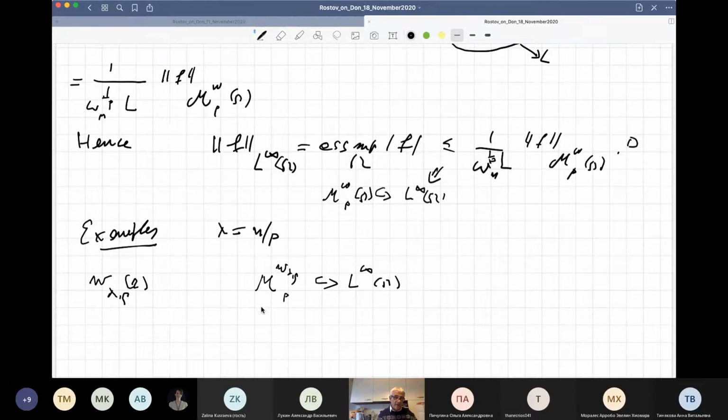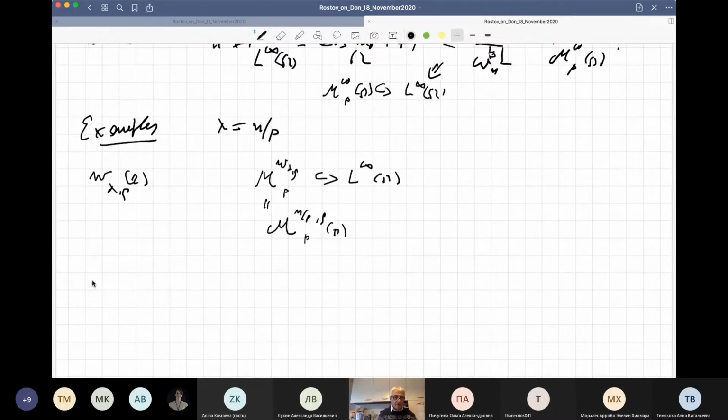But you remember that this space here was precisely the M n over p comma rho p omega. So we chose the weight so that this equality holds. So you have this first example. And then you have also the case in which you take w equal to r to the minus n over p. And you have that the Morrey r to the minus n over p, p omega, is included in L infinity omega.